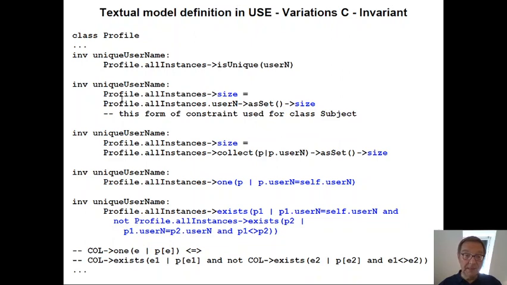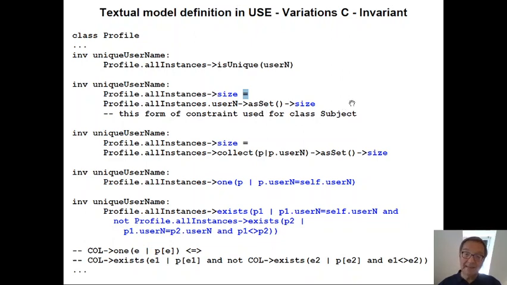So this expression here, the first part until username, is an expression of type bag of string. And I'm explicitly converting the bag of string into a set of string, and then I'm counting the number of strings that are in the resulting set. And the requirement here is that these two countings should coincide in order to guarantee the unique usernames.